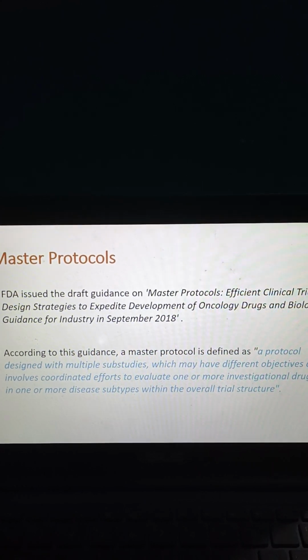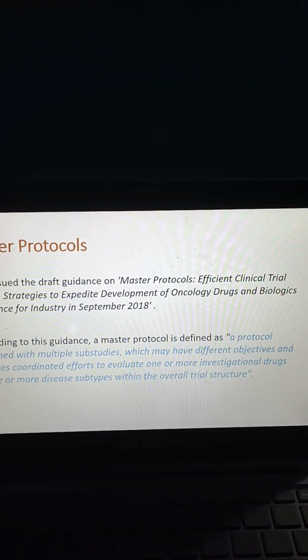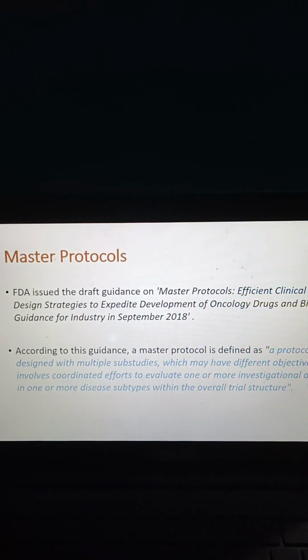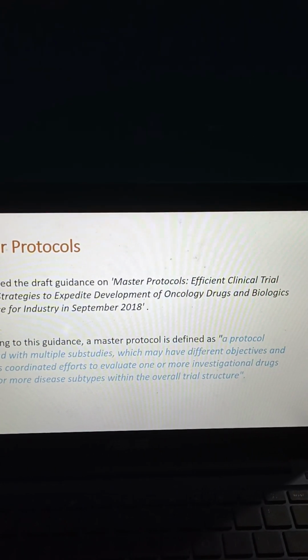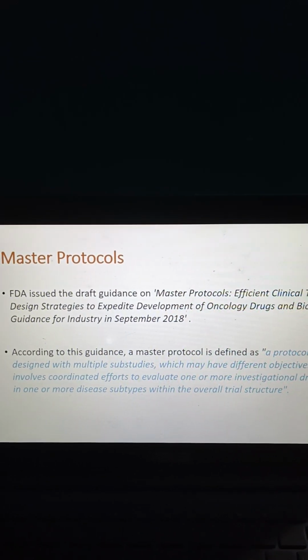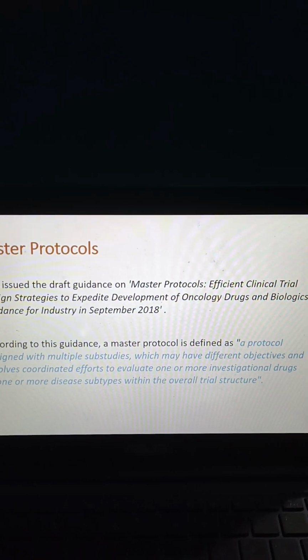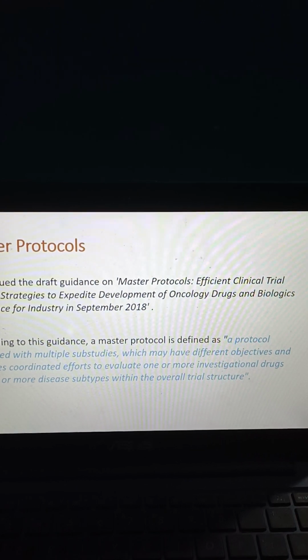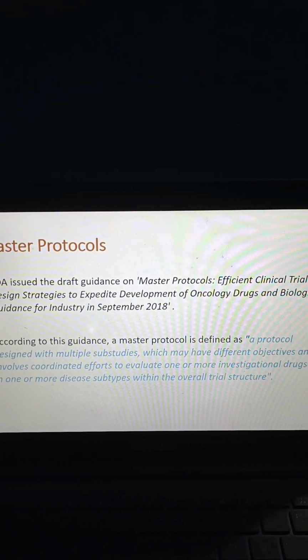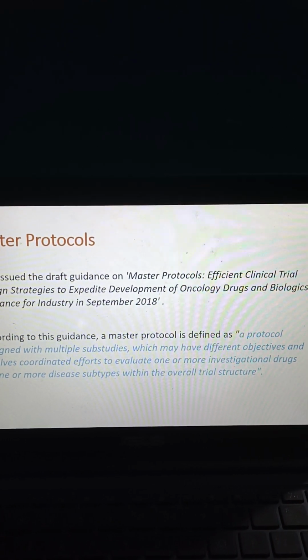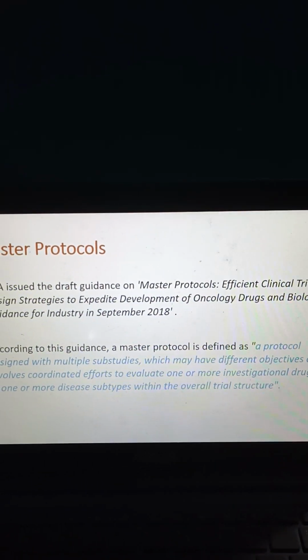According to this guidance, a master protocol is defined as a protocol designed with multiple sub-studies which may have different objectives and involves coordinated efforts to evaluate one or more investigational drugs in one or more disease subtypes within the overall trial structure.